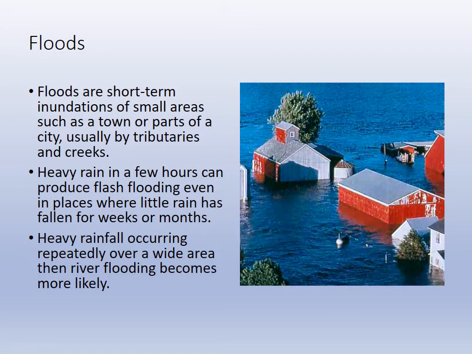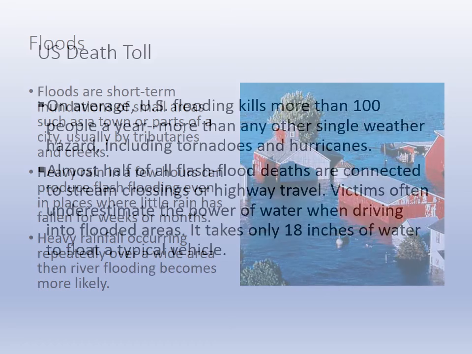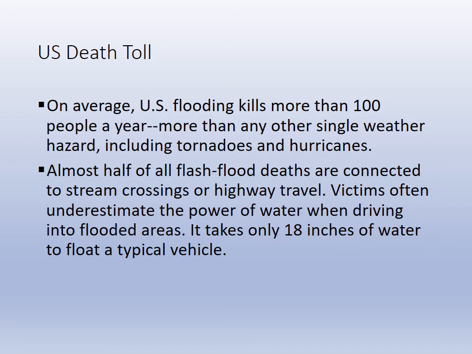Floods generally cause more property damage and more death than any other natural disaster. And that's why discharge, stream flow, and all of this is so important. On average, more than 100 people a year die from flood.